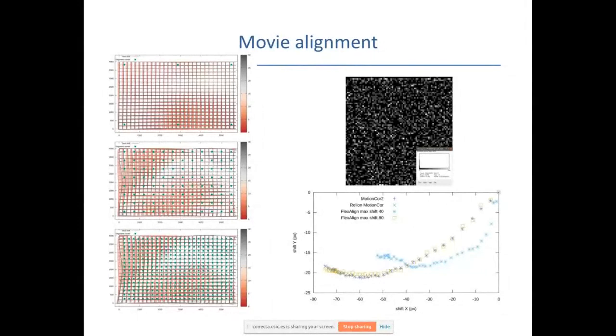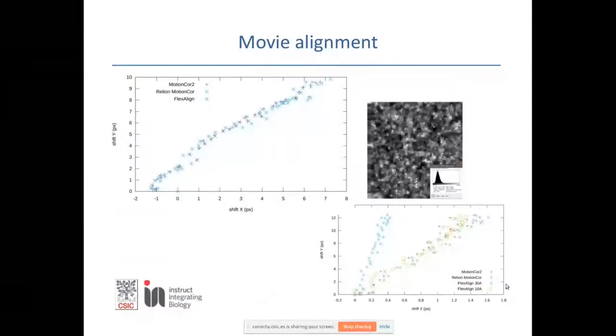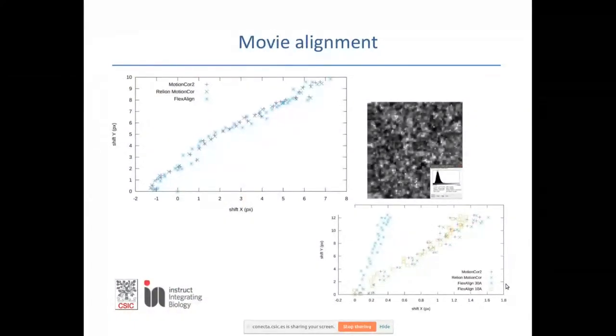Most of them are zero. So you have to blur them a bit. How much? We have found that a low-pass filter at 30 angstroms is normally good enough.